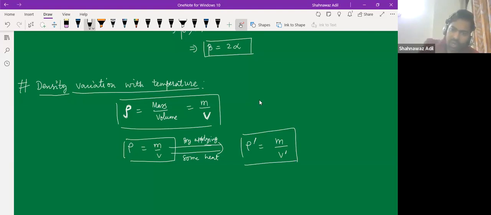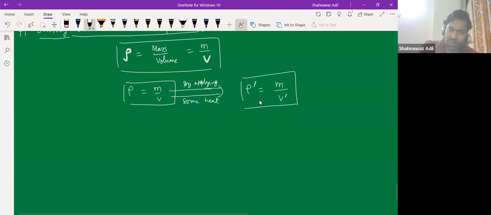So rho prime would be how much? I can write V prime as how much? V prime is V plus delta V. This is the change in volume.